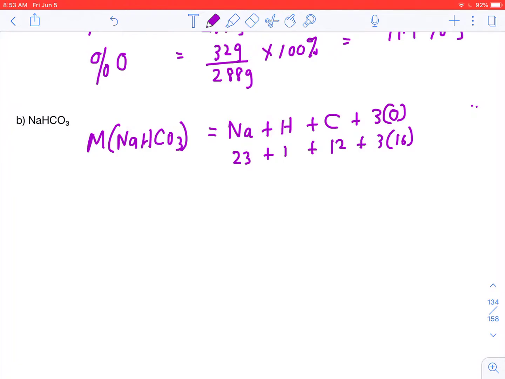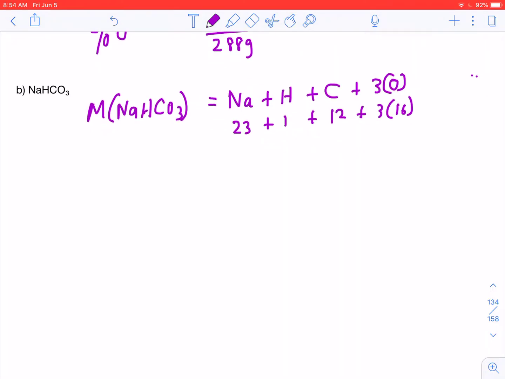Right, so we know we have this, and we need to now determine the percentage of Na in here. Sorry, this gives us 84 grams per mole.